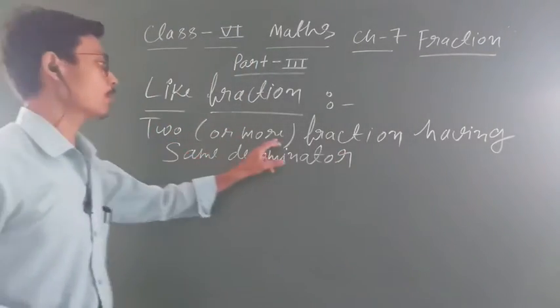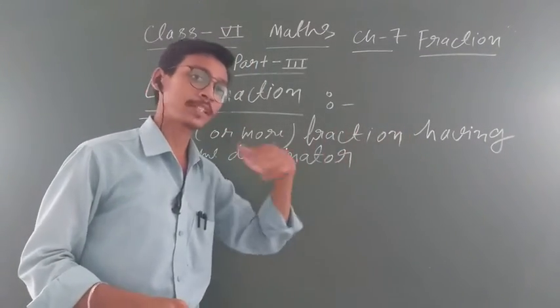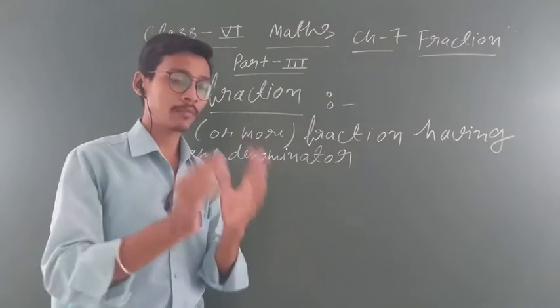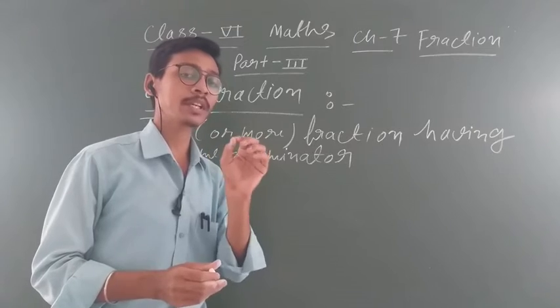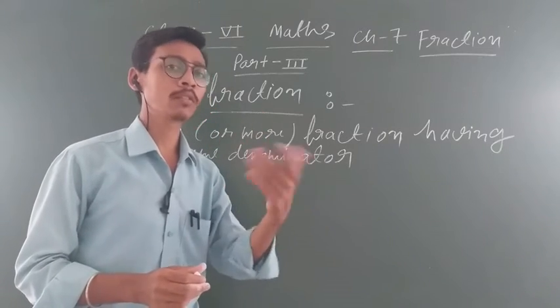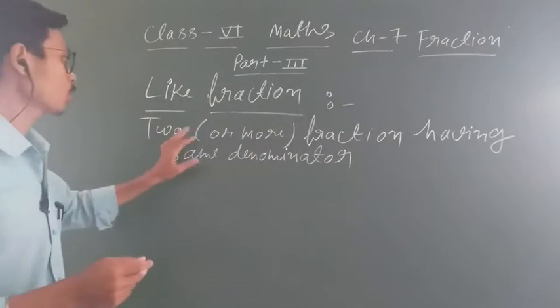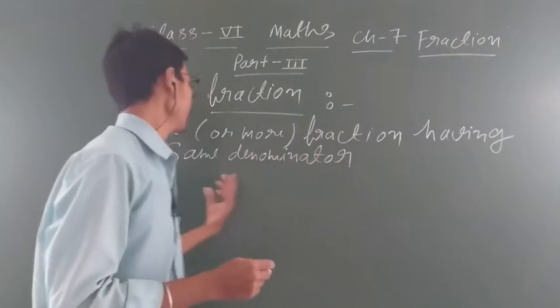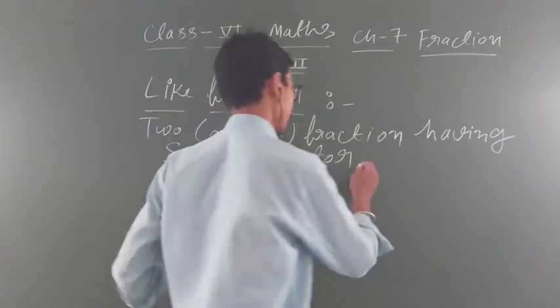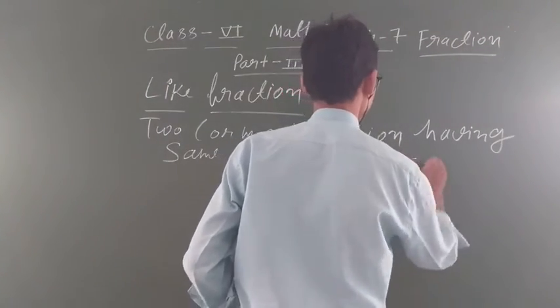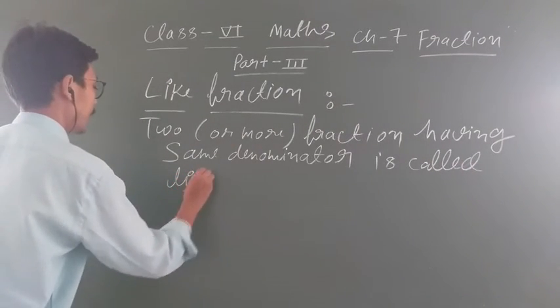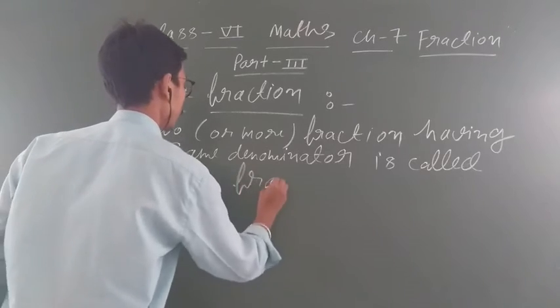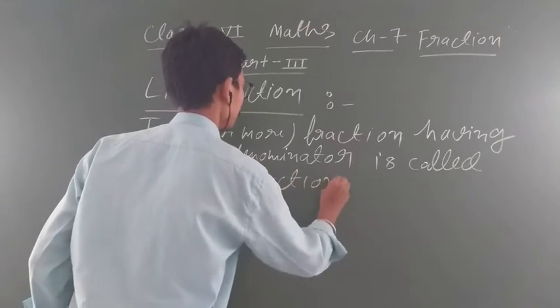Two or more fractions, because when we have to see whether they are alike or not, there should be a minimum of two fractions, and more than two is possible. So two or more fractions having the same denominator are called like fractions.